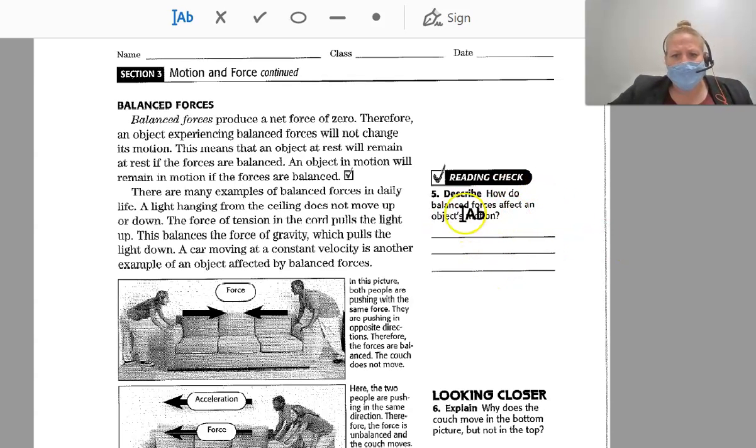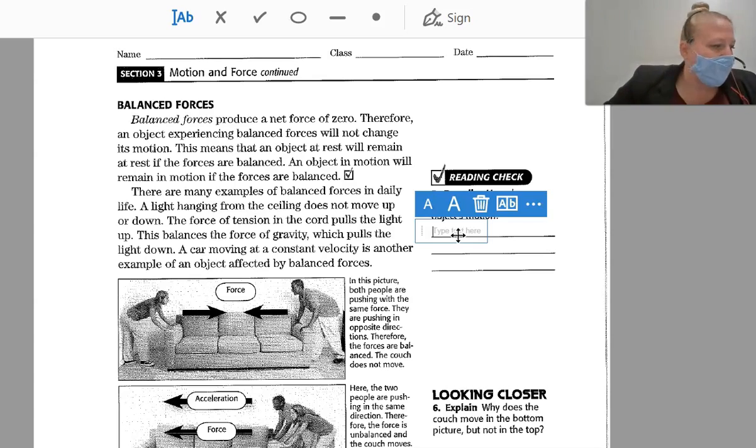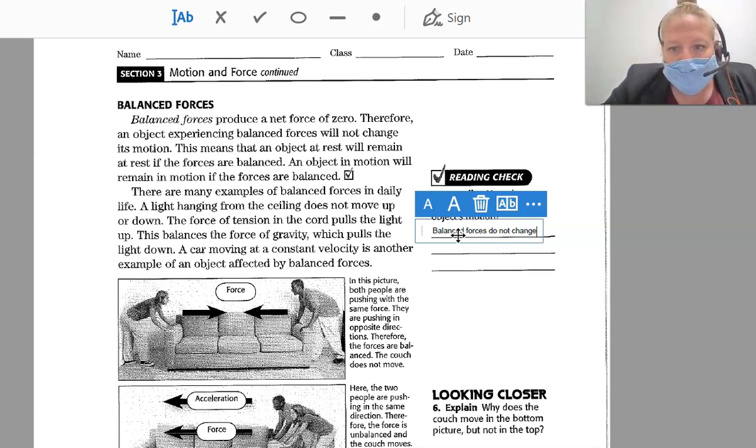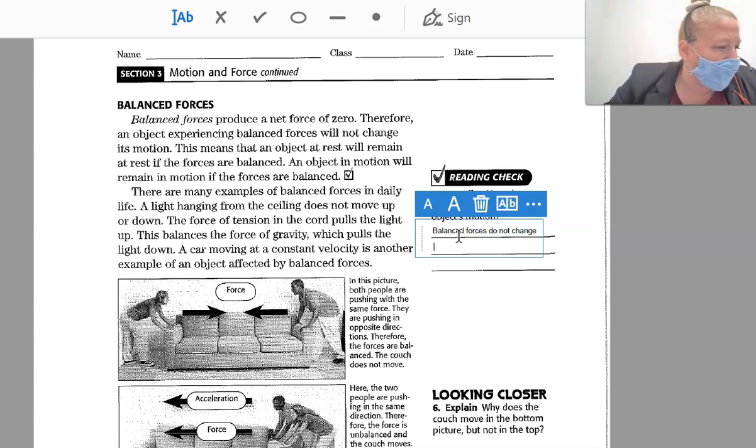Okay, reading check. Describe how balanced forces affect an object's motion. Balanced forces do not change an object's motion.